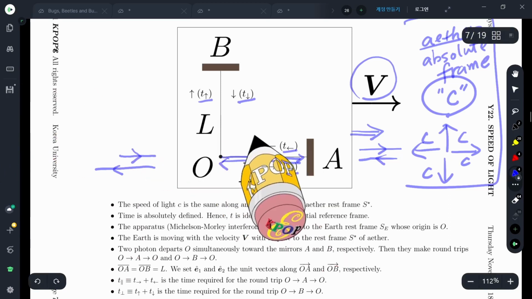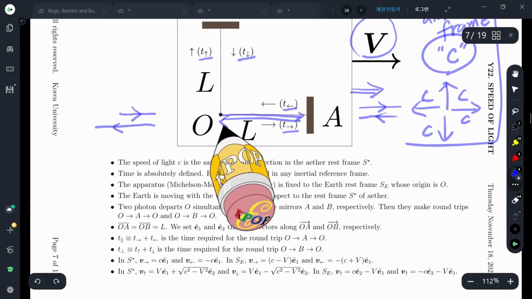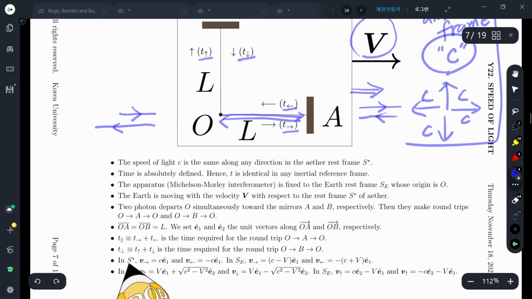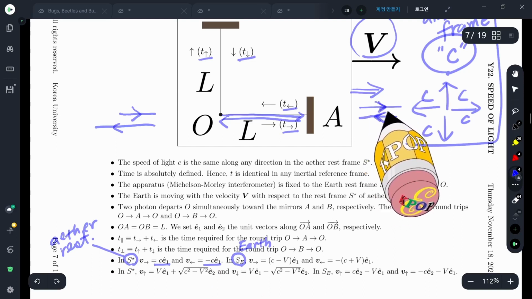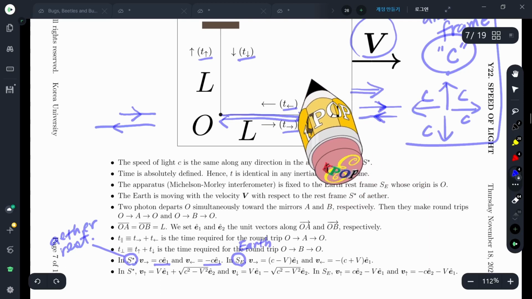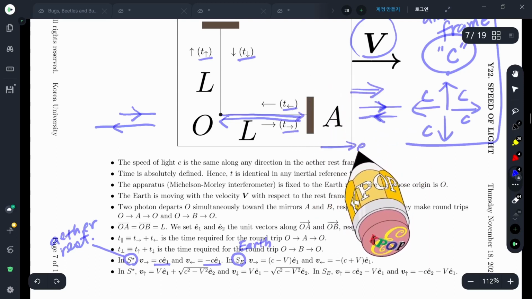Okay. In summary, I have shown this. There are two frames, S star and S E. S E is the frame where we are on the Earth, and S star is the ether rest frame. And the light travels back and forth with the same speed. For example, we have chosen the unit basis vector e1 hat.